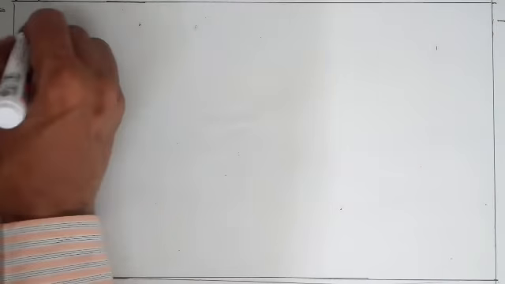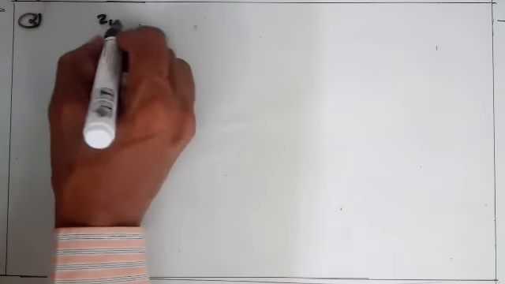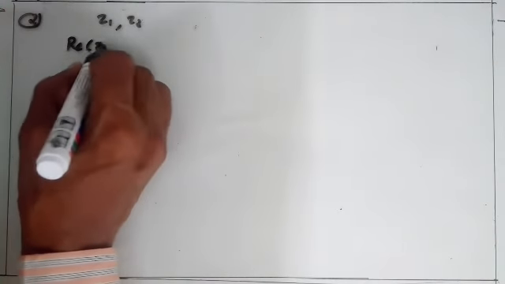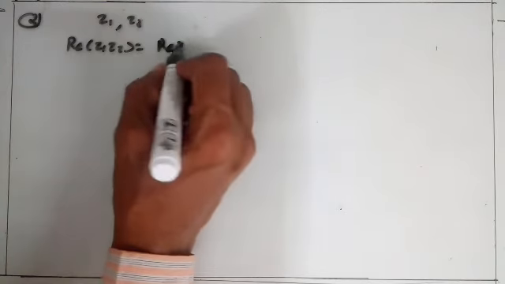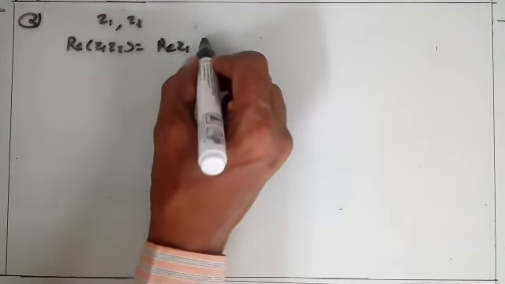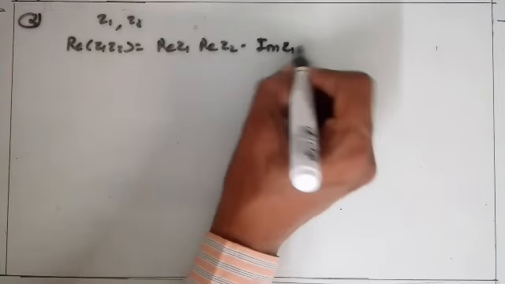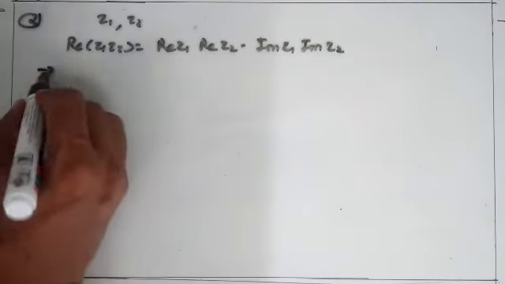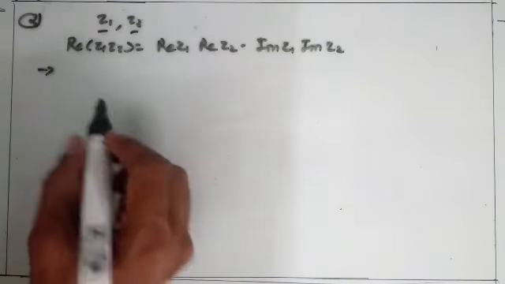So this is the value of the given term. Clear? Now question number 2. For any two complex numbers Z1 and Z2, prove that real of Z1 into Z2 is equal to real Z1 into real Z2 minus imaginary Z1 into imaginary Z2. For this, first take two complex numbers Z1 and Z2.